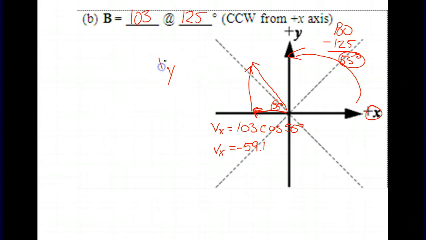Okay, and then v in the y direction, we'll do the same thing, 103, but this time times the sine of 55 degrees. And we come up with 84.4. Keep about 3 significant figures there.